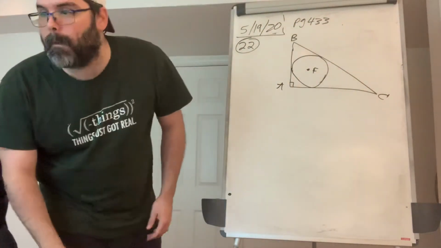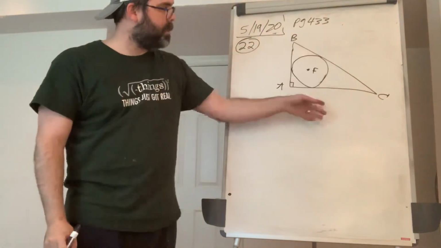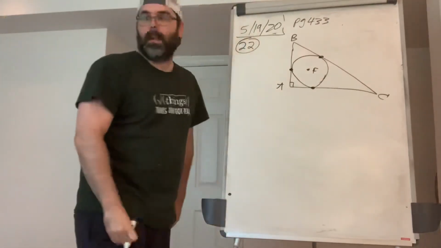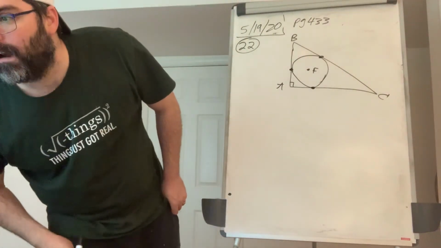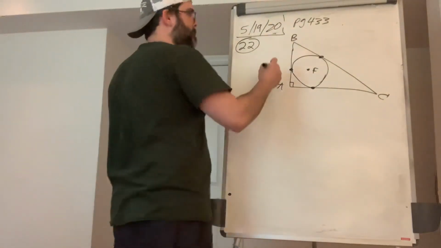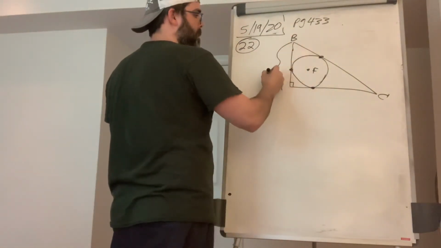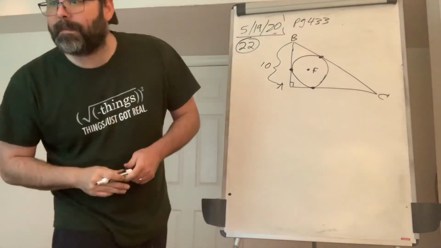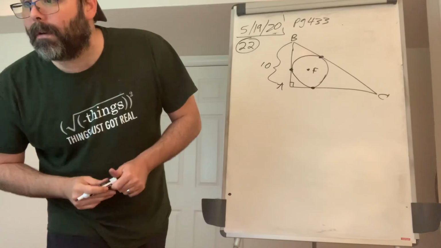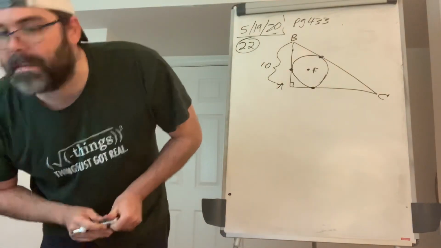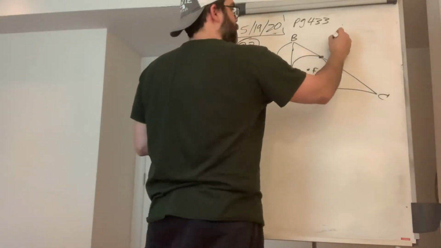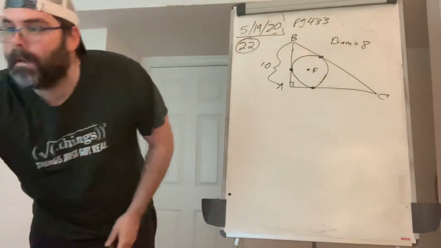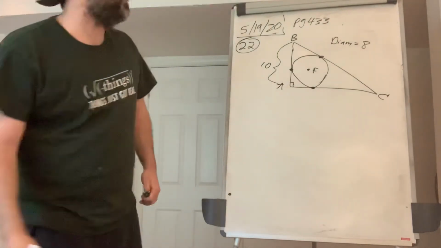The only thing we know is that these three sides are tangents here, here, and here, and that AB is 10. That's it. And our job is to find the diameter. Oh, I'm sorry. The diameter is 8. And our job is to find the perimeter of this triangle.